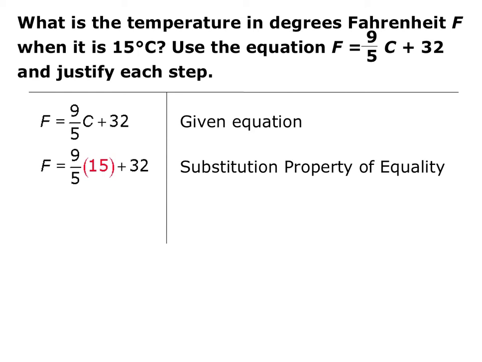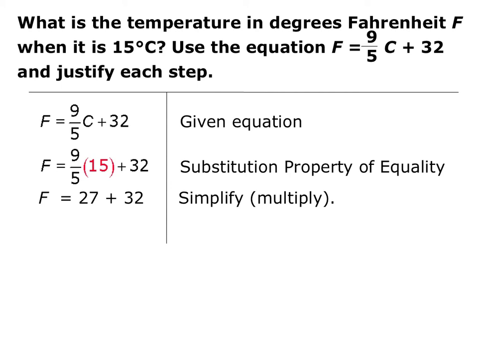Then we're just going to do some simplifying. It's really not distributing because there aren't like two parts to multiply. Really what we're doing right now is just calculating. If I multiply 9/5 times 15, it's not the multiplication property of equality because I'm not multiplying by the same thing on both sides. I'm just simplifying by multiplying. So on this one, I just simplified by multiplying.